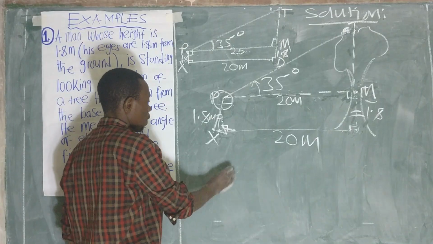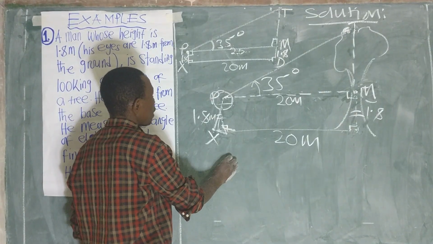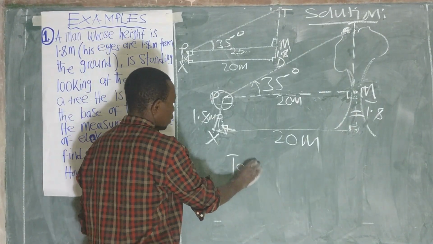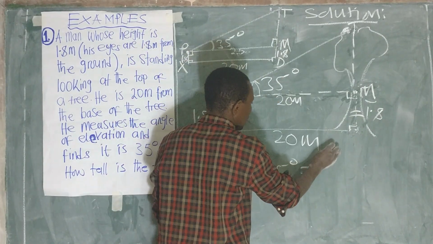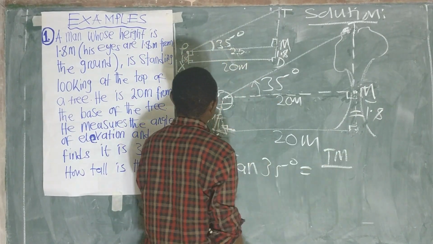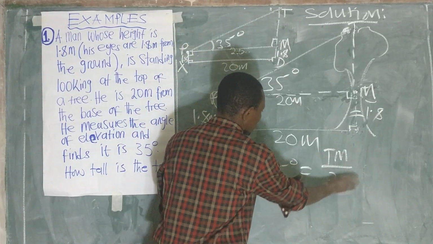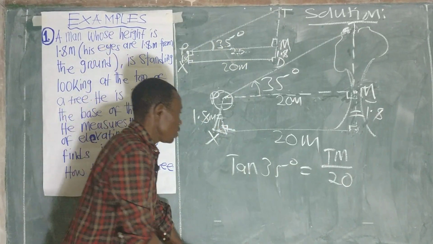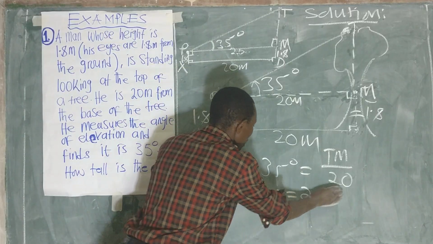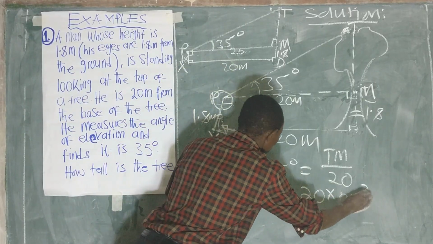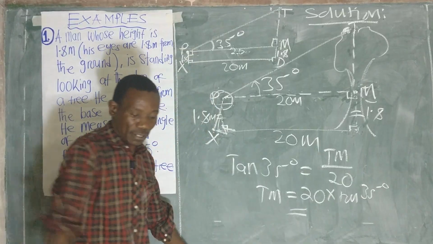So here we are. We talk of the tan of 35 degrees is equal to opposite, that is Tm, to what? Adjacent, which is 20, like that. So which means in this case, Tm is equal to 20 multiplied by tan 35 degrees.